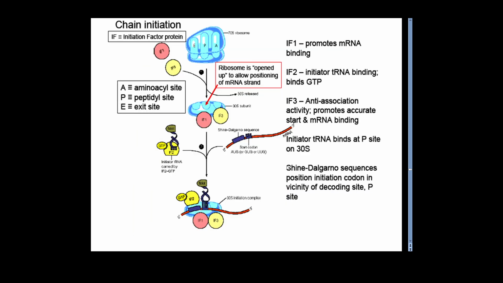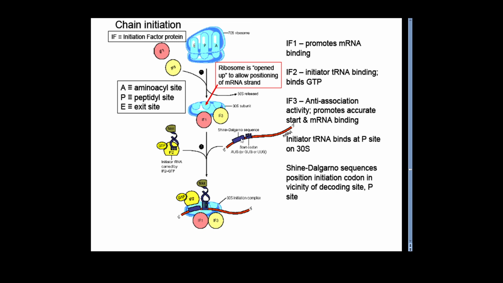It is provided by interaction at first of initiation factor 3 with the small subunit, and second, initiation factor 2 bound with the formylmethionine transfer RNA and GTP. It is an energy-dependent process.